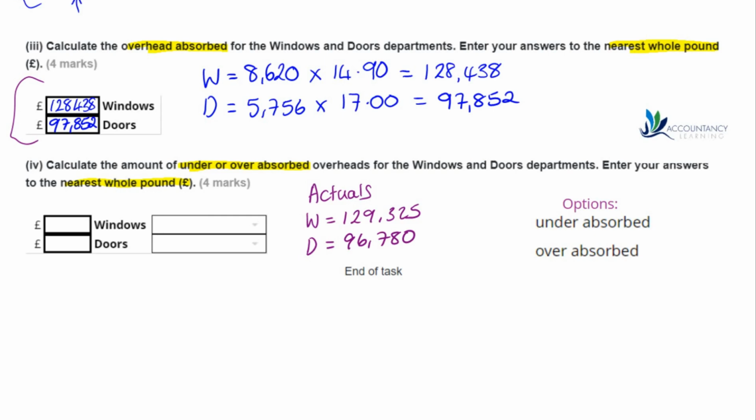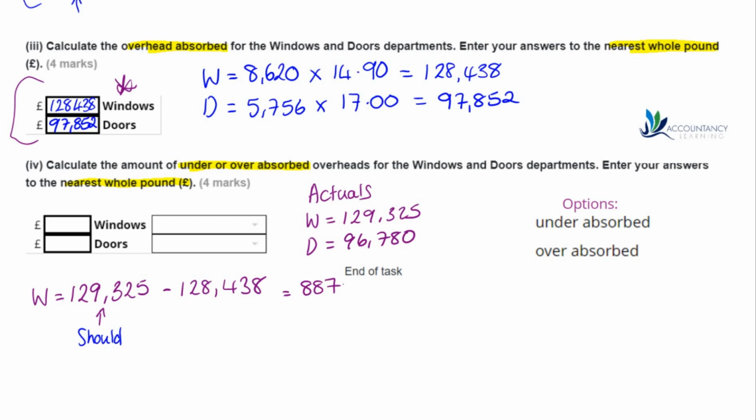We've got our should be absorbed for windows is 129,325. So this is the should have been absorbed. We're going to minus what has actually been absorbed, which is what we've just worked out here, which leaves us with 887.